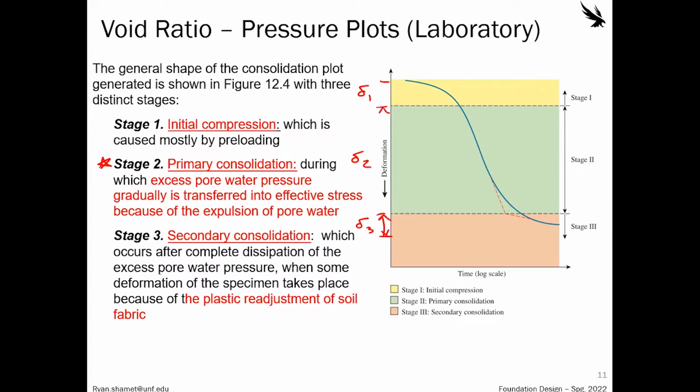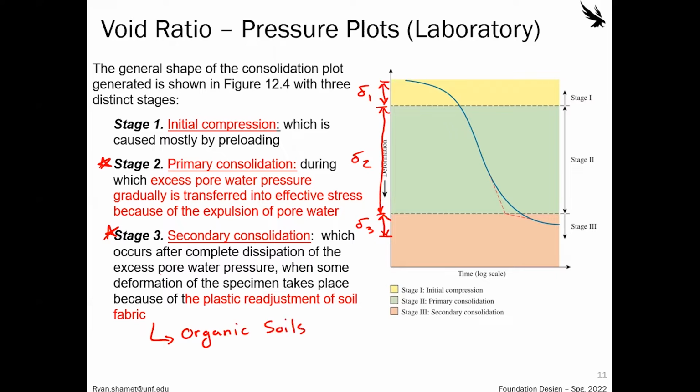In respect to the other 2 stages, our primary consolidation is generally the one that produces the most deformation. So 9 times out of 10, on a project you're going to be focusing on the primary consolidation. But in some cases, you can still have a considerable amount of secondary consolidation. And a big one we talked about last week, this happens in organic soils.